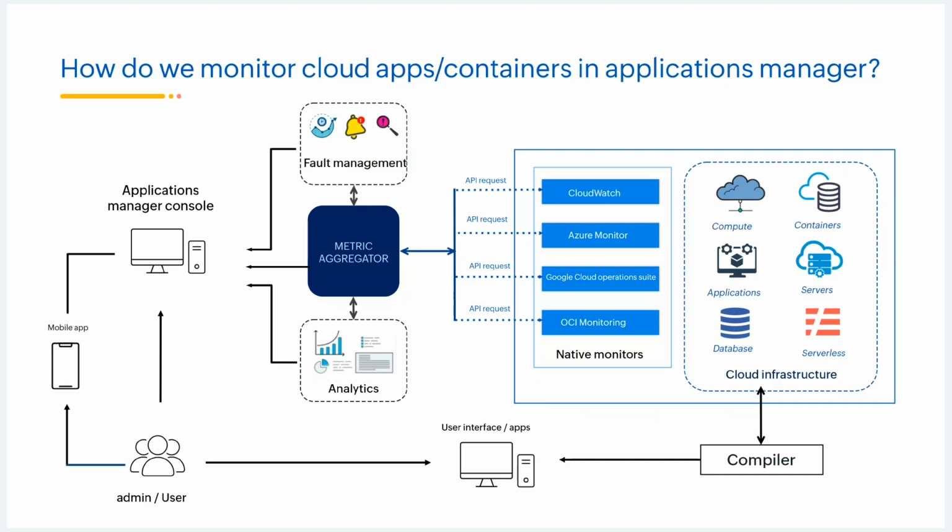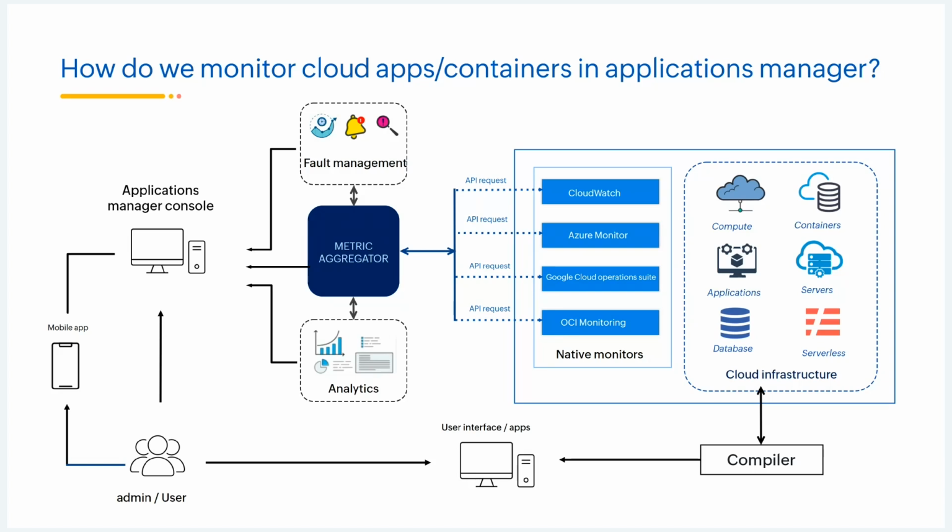So the collected data is processed by the metric aggregator, which plays a key role in analyzing and consolidating the performance metrics. This data is then used for fault management. It allows users to detect and resolve issues in real time.